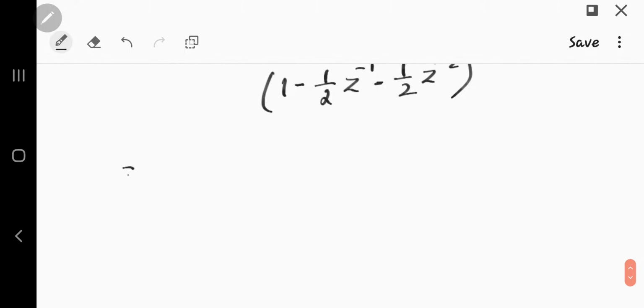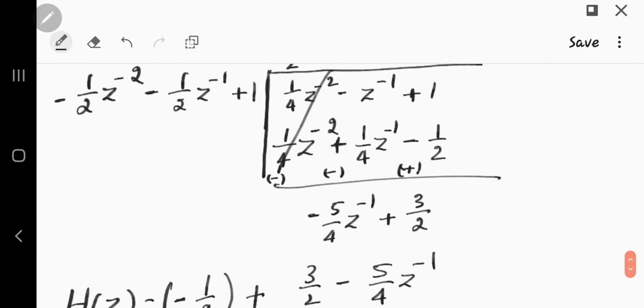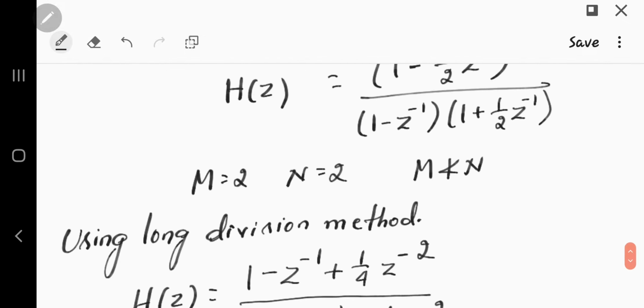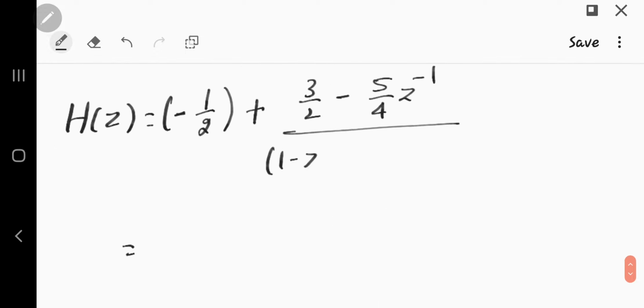Okay, now we can apply partial fractions for the second term. To keep it simple, I'll just write the denominator. Here we have the factors already known, that is 1 minus z inverse and 1 plus 1 by 2 z inverse.